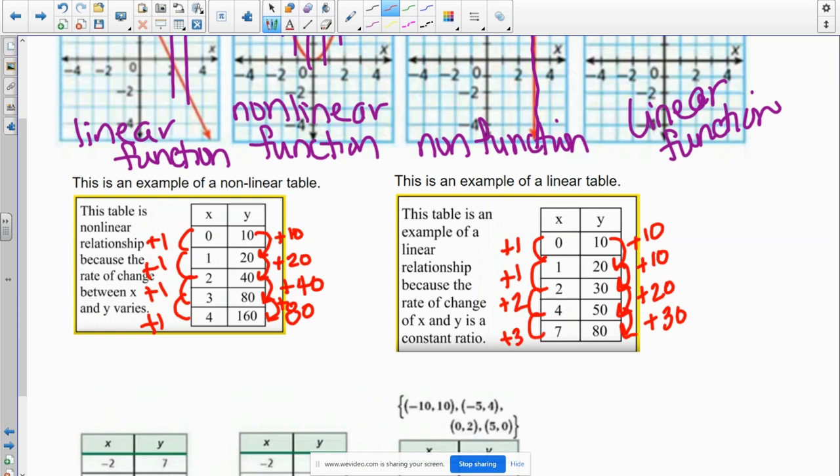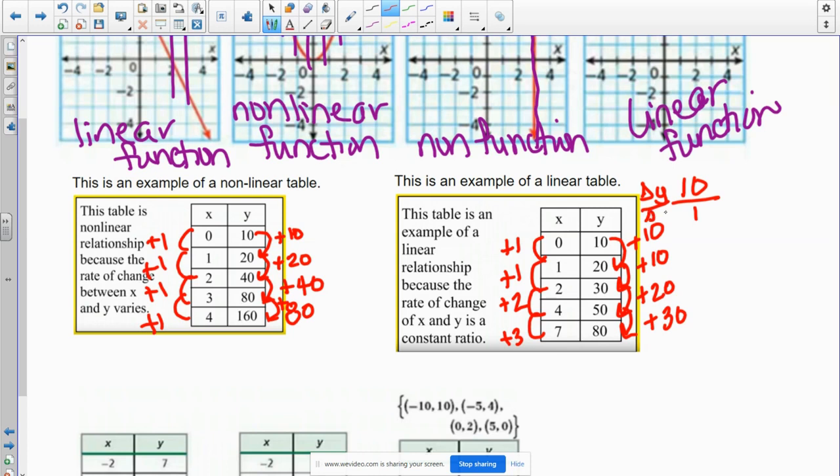So if we look at the rate of change, that would be the y and then the x. So if we look at an actual rate, let's put it fractionalized, and you actually put the y's on top. So the y's, this is the symbol for change. The change of the y was 10.